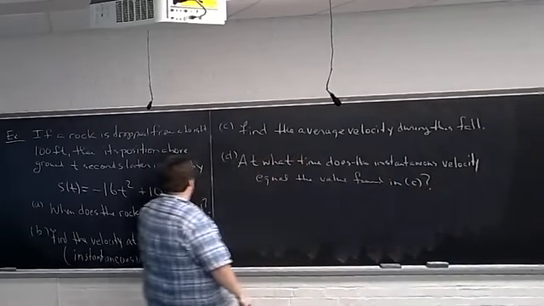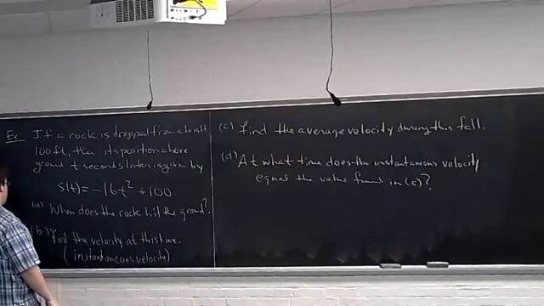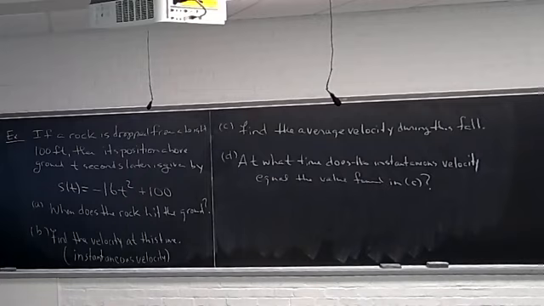We have 4 parts here. When does the rock hit the ground? Find the velocity at the time found in A, to parallel part D. Find the average velocity during that time interval, and at what time does the instantaneous velocity equal the value found in part C? At what time does the instantaneous velocity equal the average velocity?